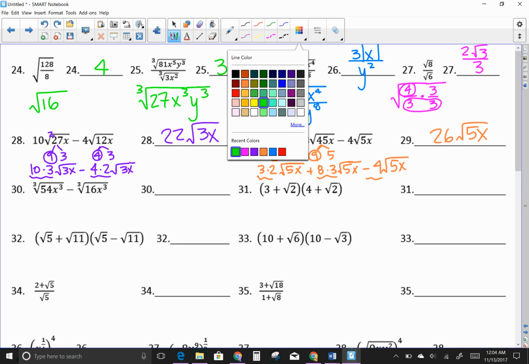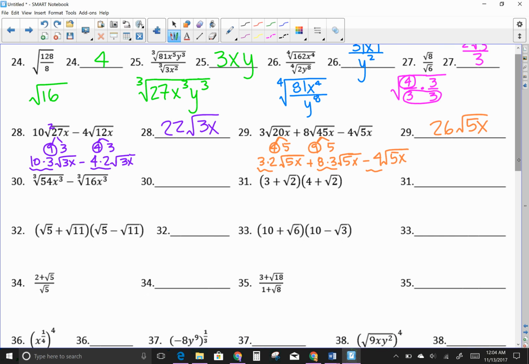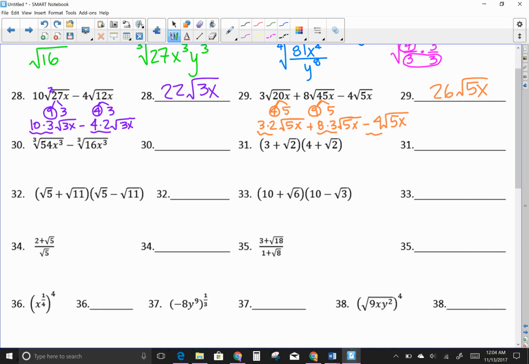So we got number 30. We're definitely halfway through. All right, so now we're talking about cube roots. So you really have to pay attention to that index. So this is cube roots, and the perfect cubes that come in are 27 times 2, which is going to give me 3. Actually, and that x comes out. 3 goes into 3 one time.